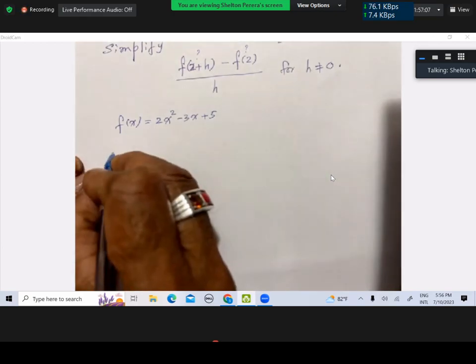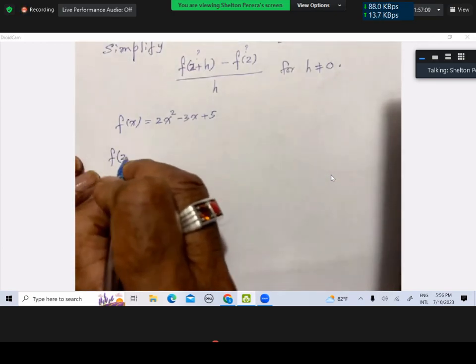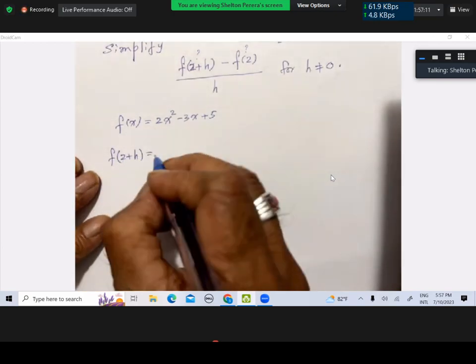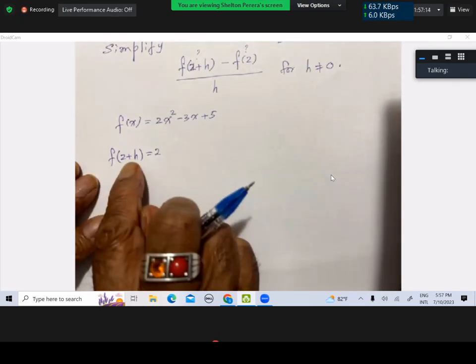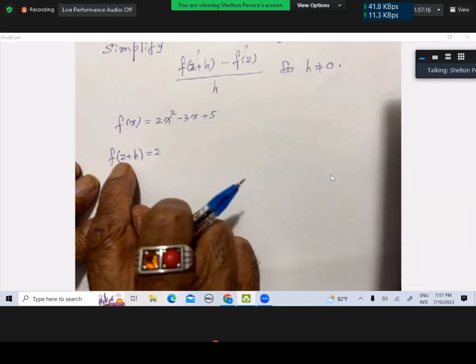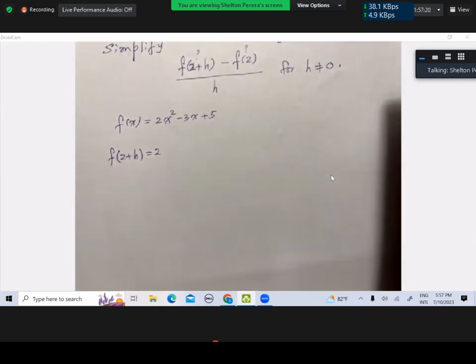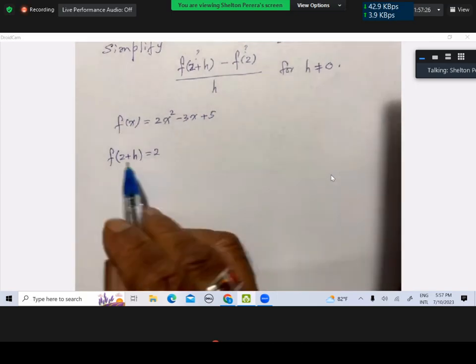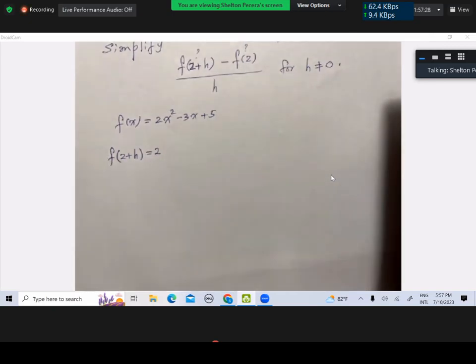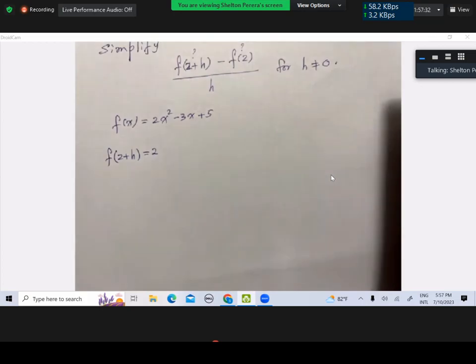Now what is f of 2 plus h? 2 times, what is the input? Input is 2 plus h. Don't invent your own rules, okay? F of 2 plus h is not f of 2 plus f of h. This parenthesis is not multiplication.